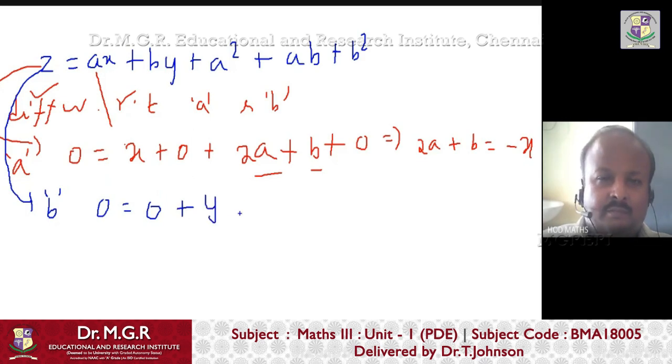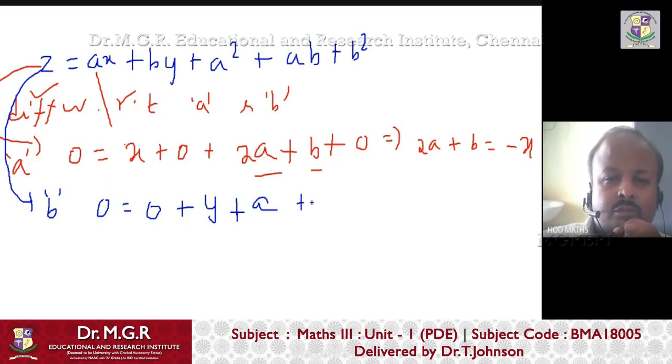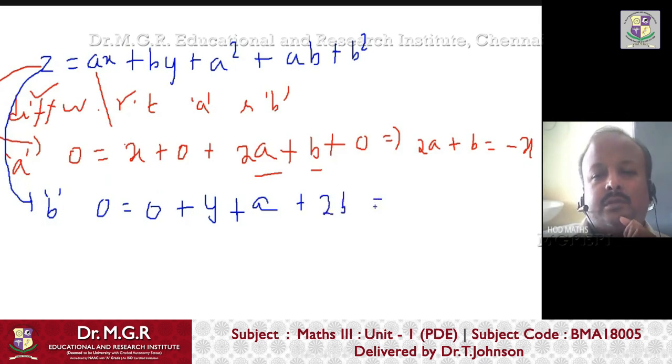Then a square is again 0. ab comes as a, and b square becomes 2b. So from this, a plus 2b is equal to minus y.